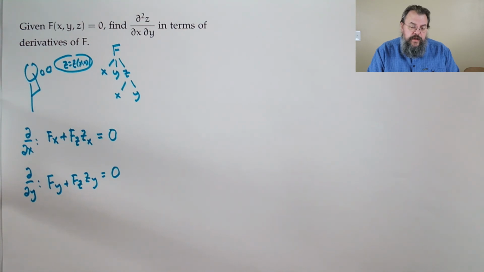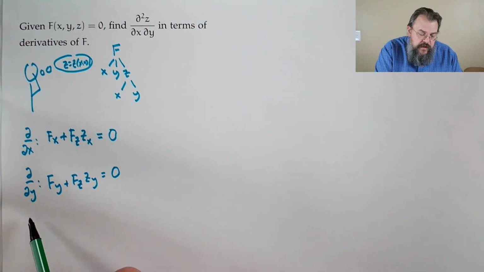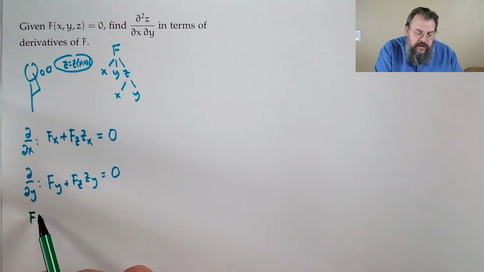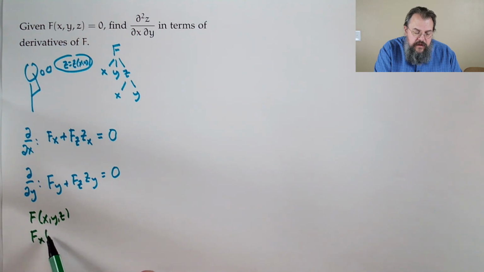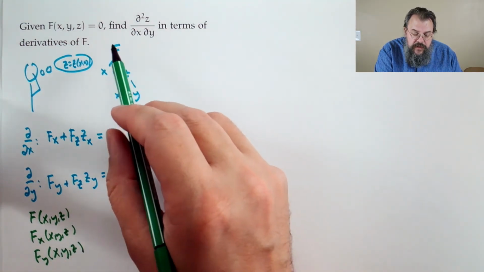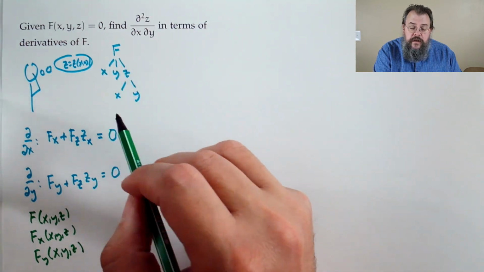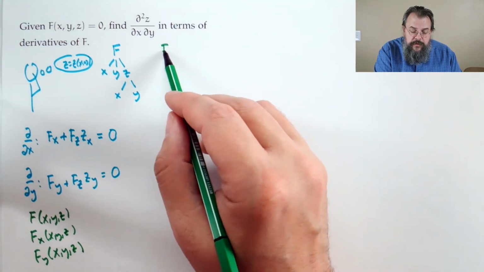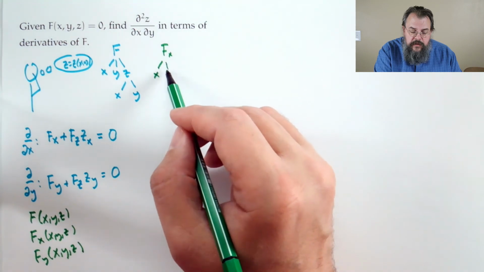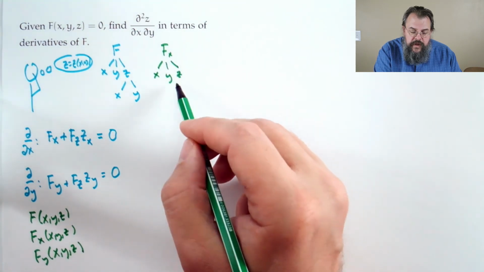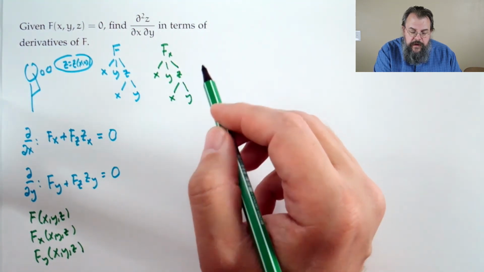Now, one thing to keep in mind is we said, look, our function f, that really is a function of x, y, and z. But the same thing is true for f sub x. It also is a function of x, y, and z, and f sub y. It's also a function of x, y, and z. Put another way, if this is our tree for f, we get the same tree for f x, and for f y.